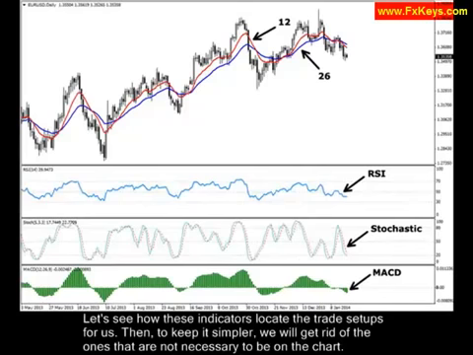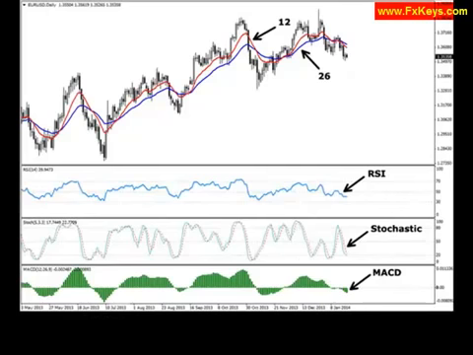Let's see how these indicators locate the trade setups for us. Then, to keep it simpler, we will get rid of the ones that are not necessary to be on the chart. We start with long trade setups, or buy signals.